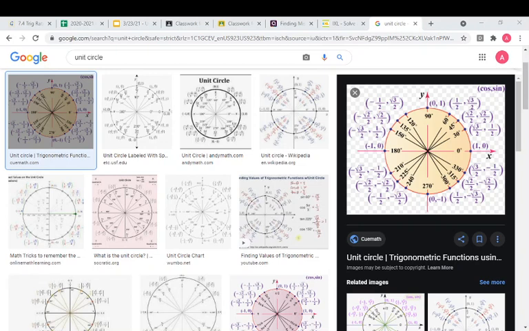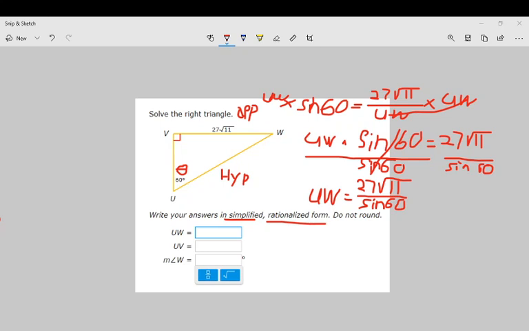Meaning we'll just go back to our problem, and instead of writing sine of 60, we will go ahead and write the square root of 3 all over a regular 2. So I'll just write it like this.